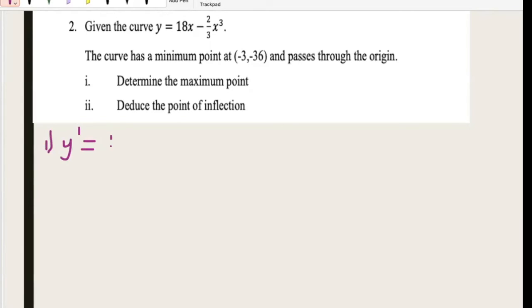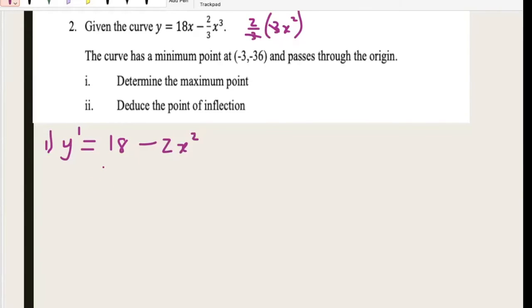So y prime is 18 minus, when you bring down the 3 times 2/3 is going to give me 2. Then you subtract 1 from the power to get 2. So in other words, you have 2 over 3, differentiate x cubed, you get 3x squared. And the 3 times the 2/3, the 3 cancels, so that's why I have 2x squared.